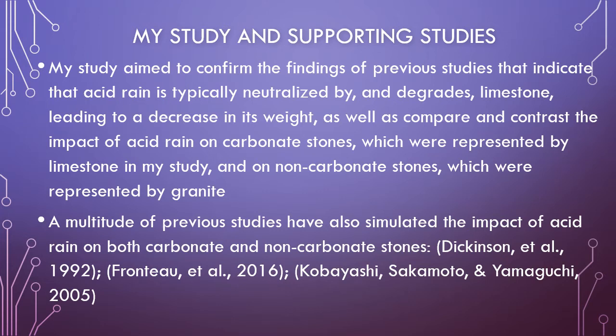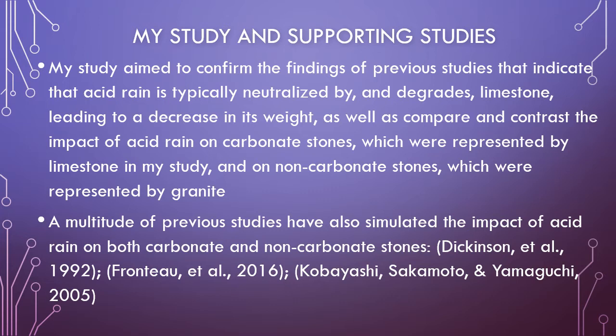So several other studies have also simulated the impact of acid rain on both carbonate and non-carbonate stones, and I've listed several of those in parentheses there. A carbonate stone in these studies was usually represented by limestone, and pretty much all of these studies used passive immersion as at least one of the methods by which the stones were exposed to acid rain.